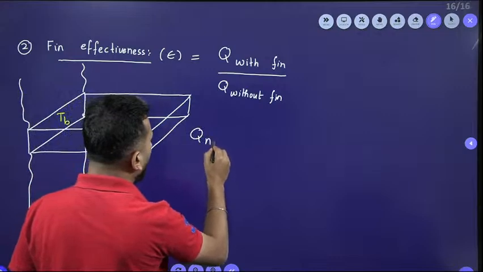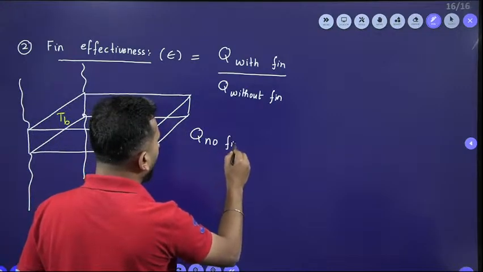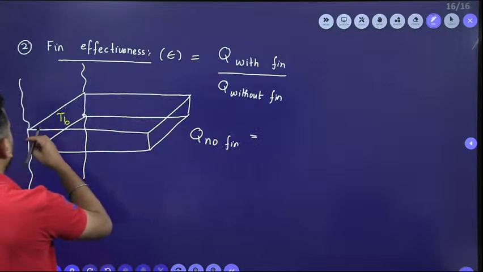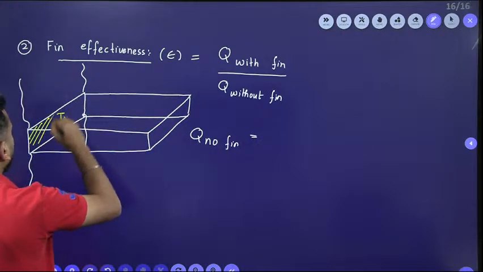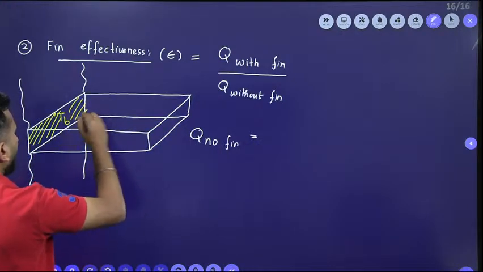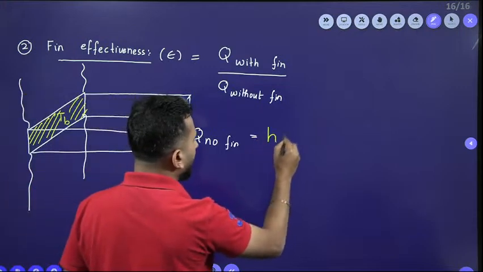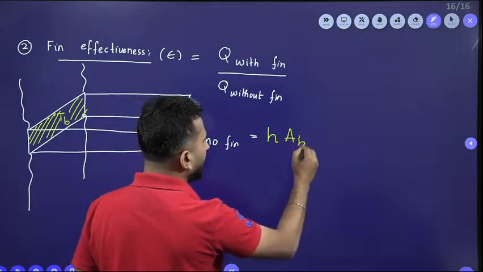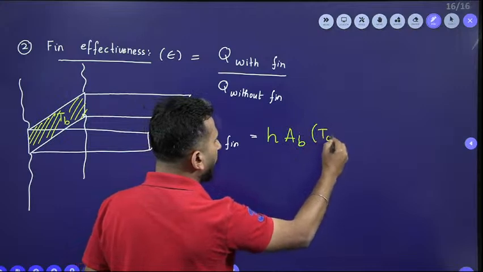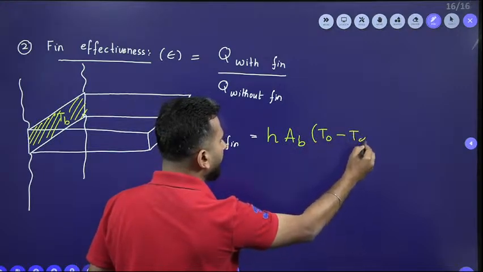No fin, so heat will be convected only from this portion. So it will be H, area of the base, and T naught minus T infinite.